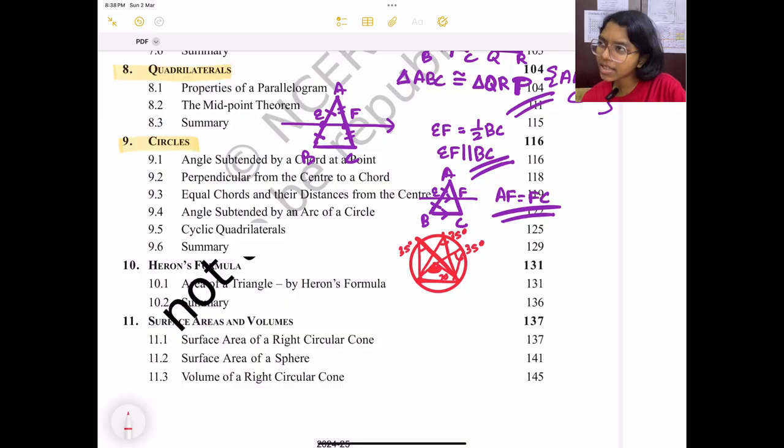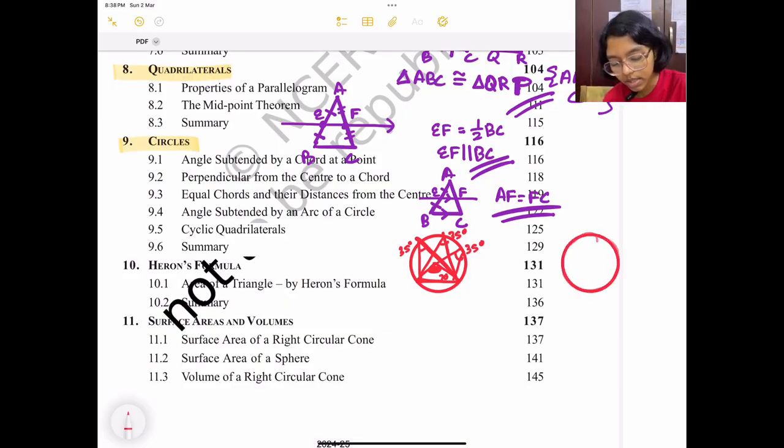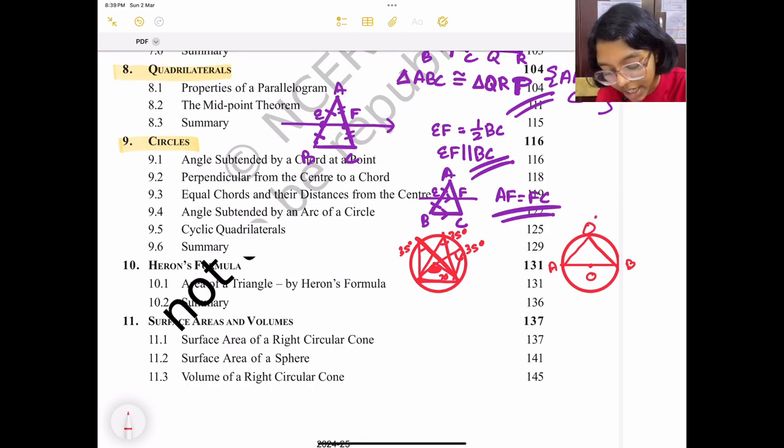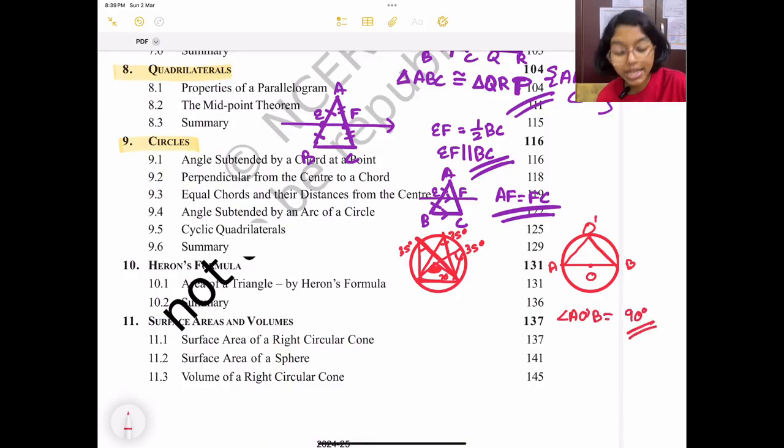Then we have other theorems as well. If this was a circle, and this was the diameter of the circle, with center O, and the diameter has endpoints A and B, the angle subtended at a point O dash on the circle, angle A O dash B, should be equal to 90 degrees, because it's an angle subtended by a semicircle.